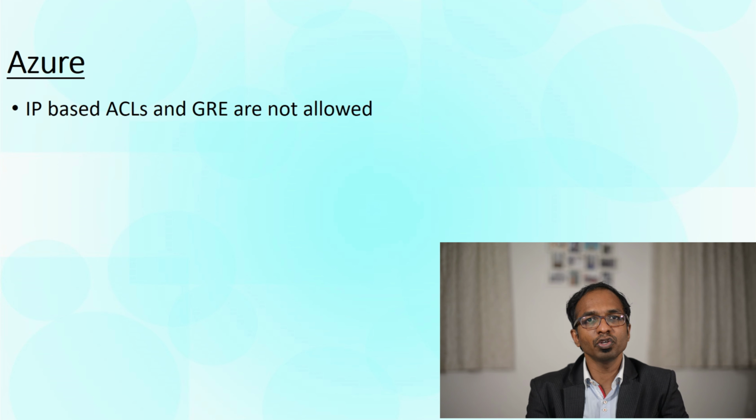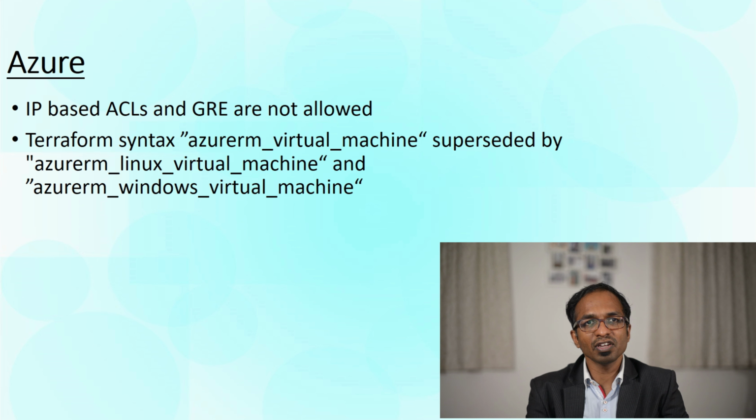I didn't have any issue with configuring multiple interfaces. But I noticed a few warning messages from Terraform. Some of the resource syntax has changed. For example, the resource azurerm virtual machine has been superseded by azurerm Linux virtual machine and azurerm Windows virtual machine.